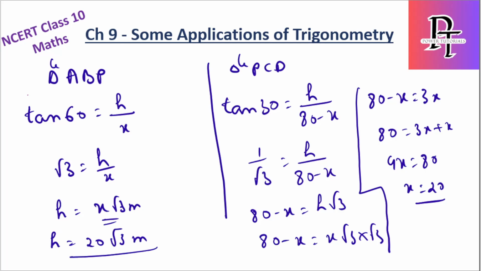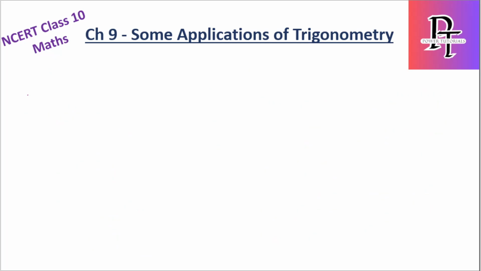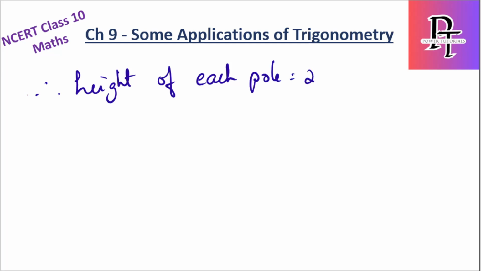Okay, so I'll just write it in theory. Therefore we got the height of each pole as 20 root 3 meters.